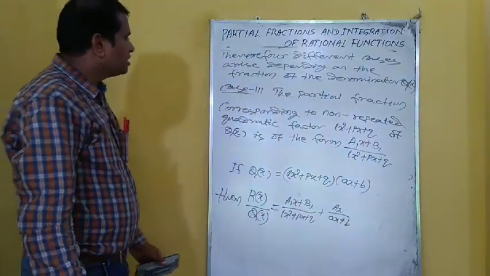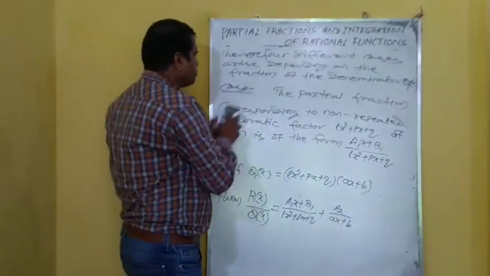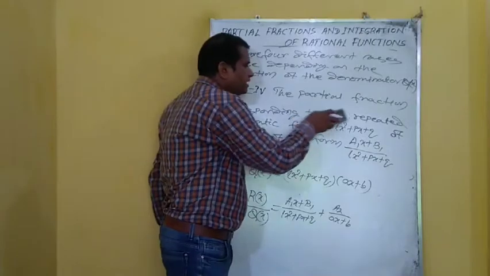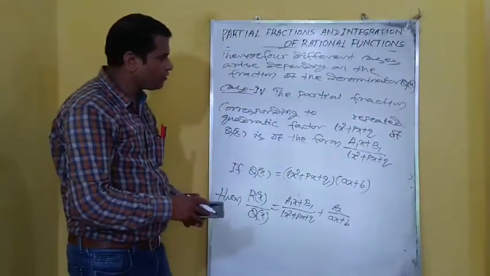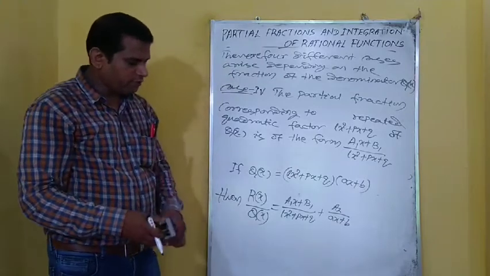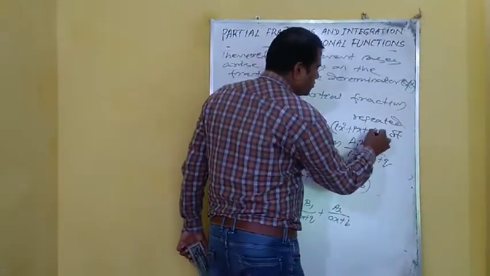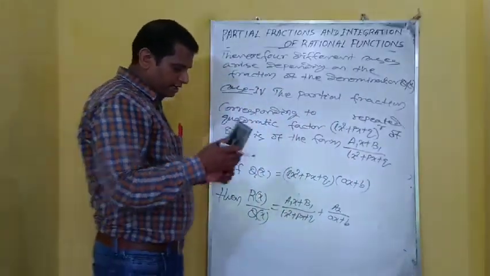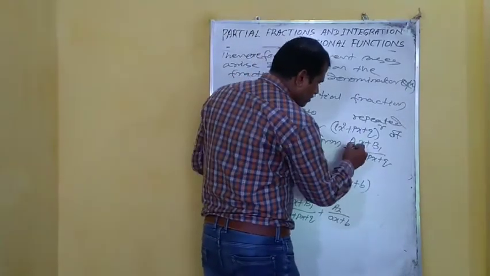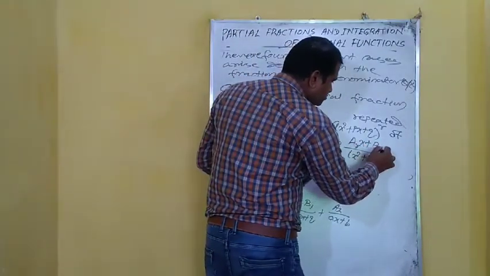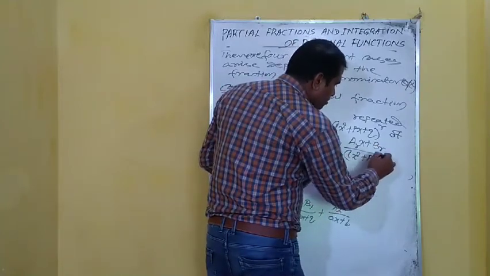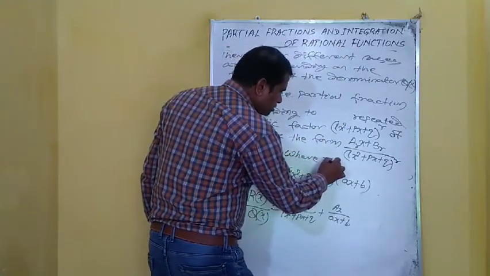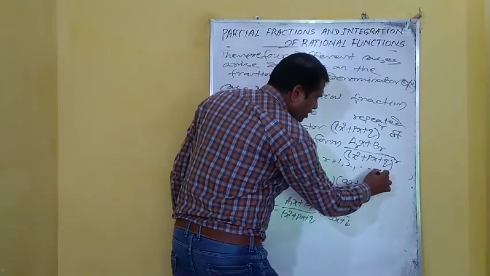Okay. Case 4, the partial fraction corresponding to a repeated quadratic factor lx square plus px plus q whole to the power r in q of x is of the form A_r x plus B_r whole into lx square plus px plus q whole to the power r, where r is equal to 1, 2 up to n.